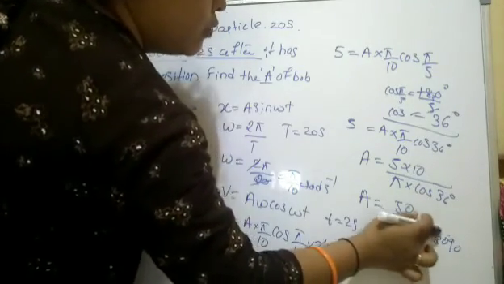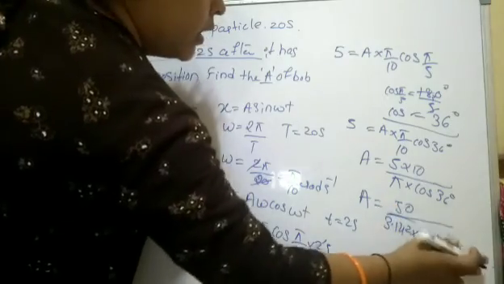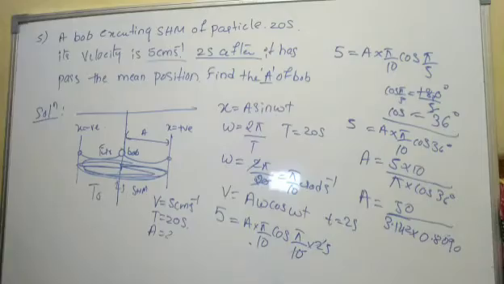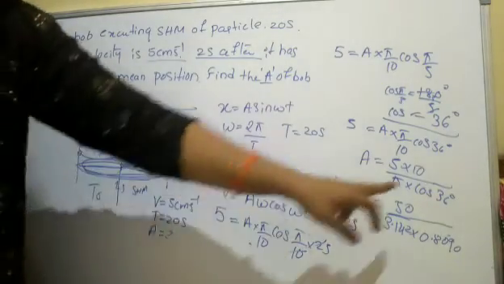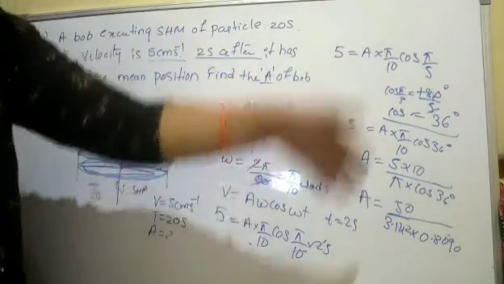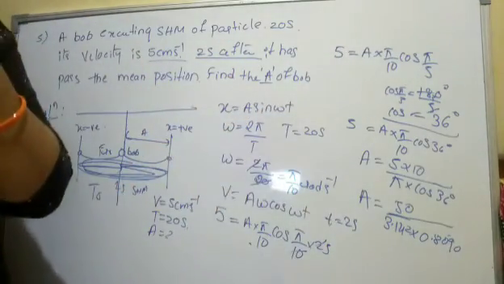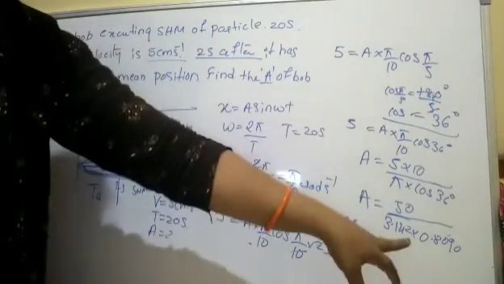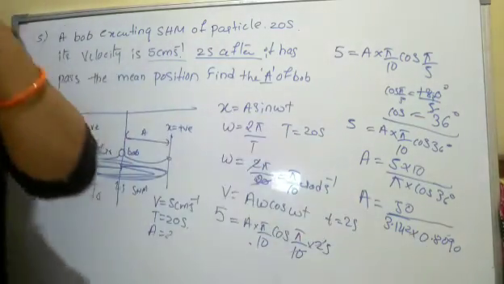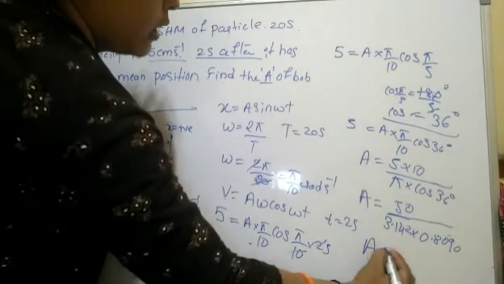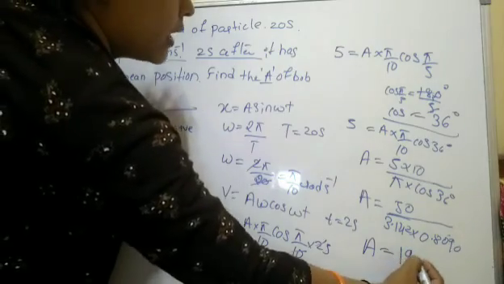You can make use of the natural cosine table, you know how to use it. For degree 36, go to the relevant row and cross check with the zero minute column, where you will get 0.8090, the cos 36 value.